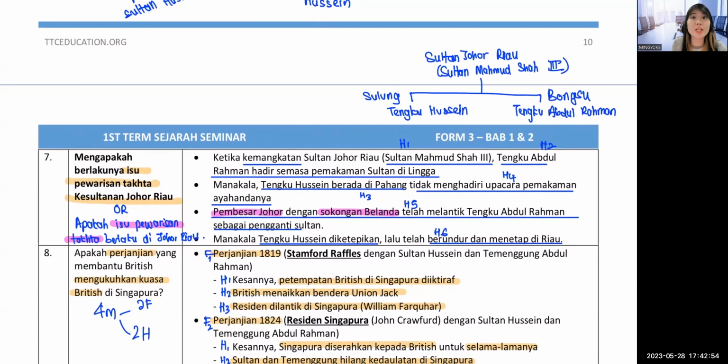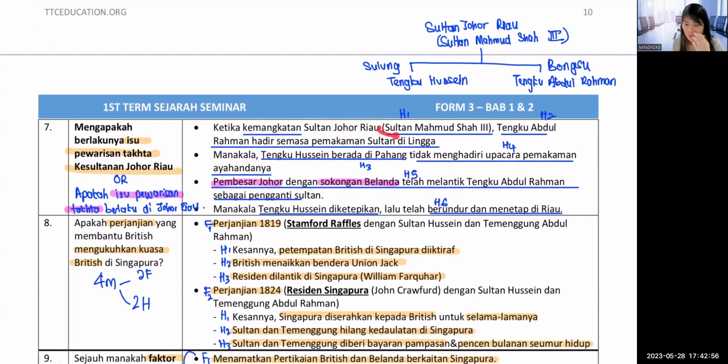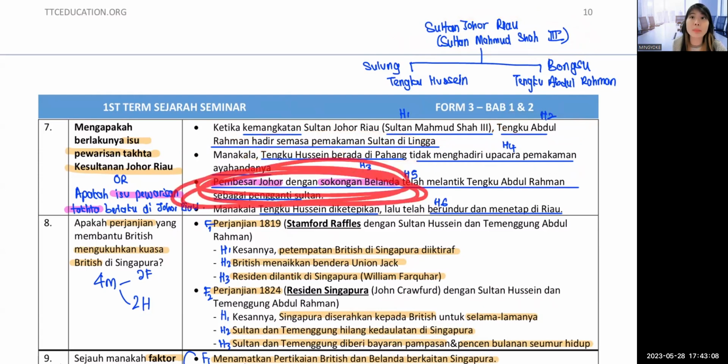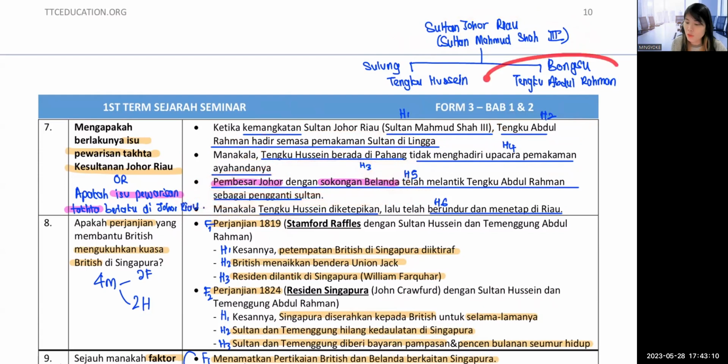And therefore, from here, you all should know already, when Sultan Mahmud Shah died, Tengku Abdul Rahman attended the father's burial ceremony. But Tengku Hussein, because he was in Pahang, never attended it. And that's why Pembesar Johor and Belanda supported Tengku Abdul Rahman to become the king. And Tengku Hussein was so disappointed, he basically left and stayed in Riau.